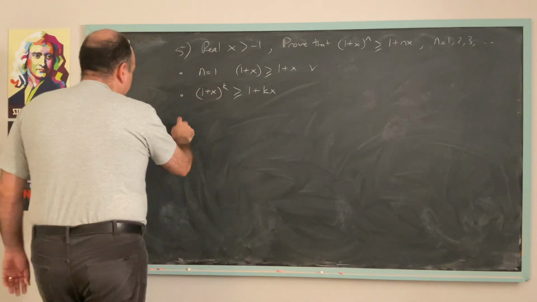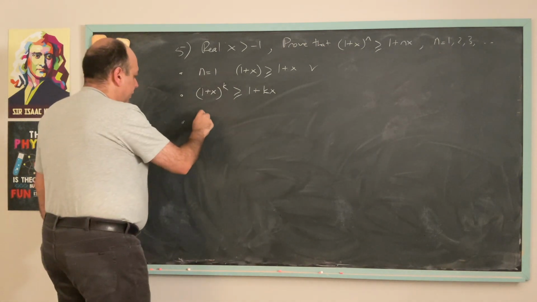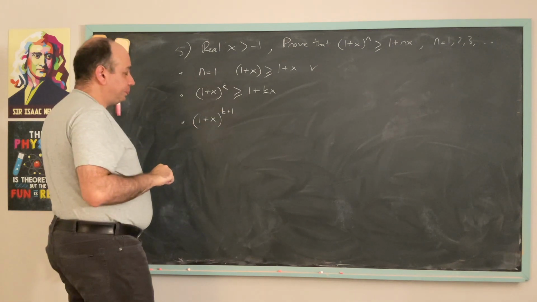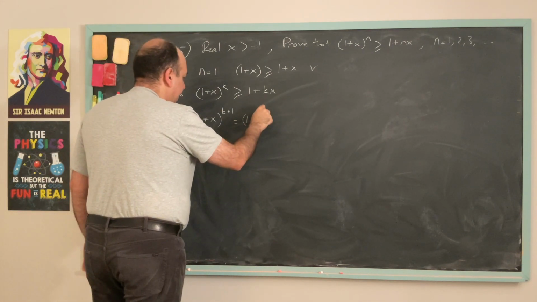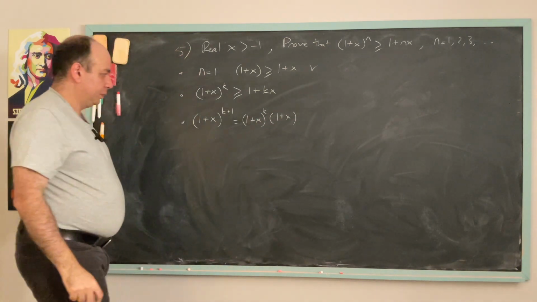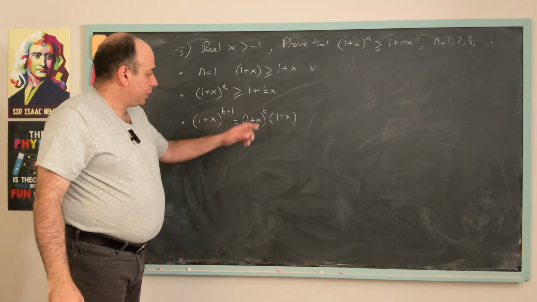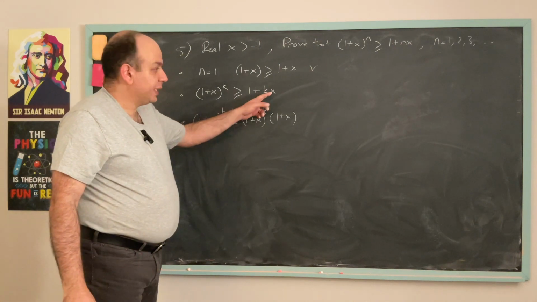In the next step we are going to find (1 plus x) to the k plus 1. Okay, so what is that? It's going to be (1 plus x) to the power k times (1 plus x), right? Good. So (1 plus x) to the power k is actually larger than or equal to 1 plus kx, right?